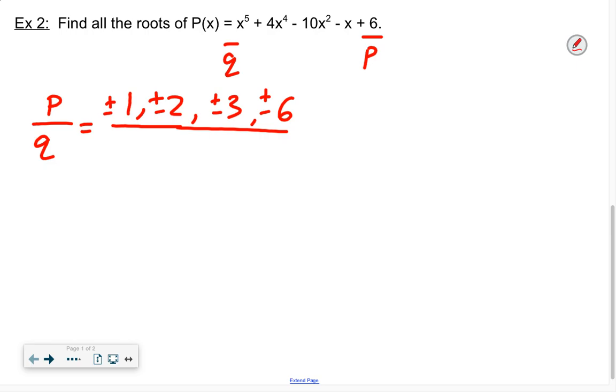Very good. Factors of Q, yeah, it's 1, so the only factors of 1 are 1 and itself. So that's good news. So if we look at all the combinations, again, it gives us the possible roots.